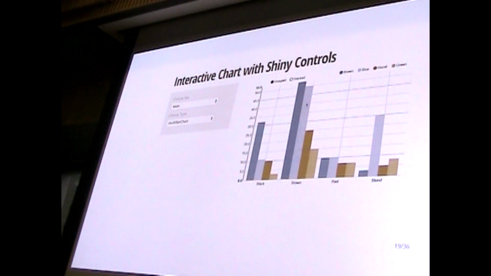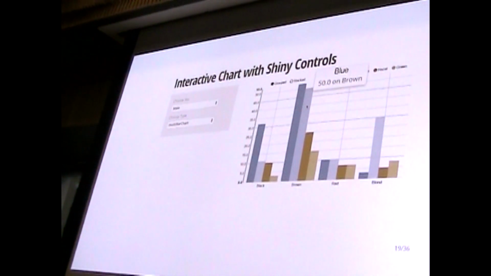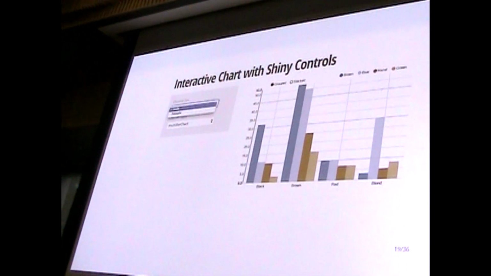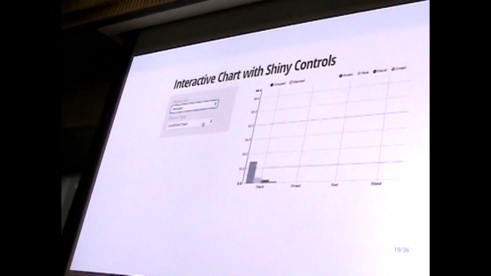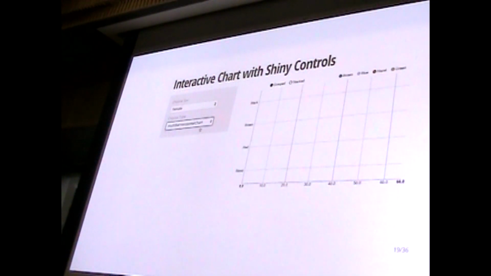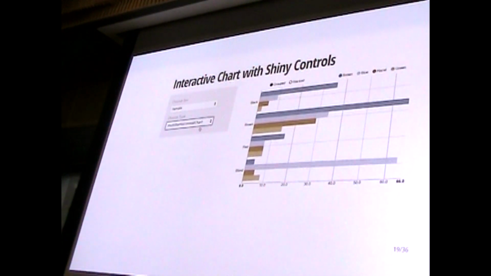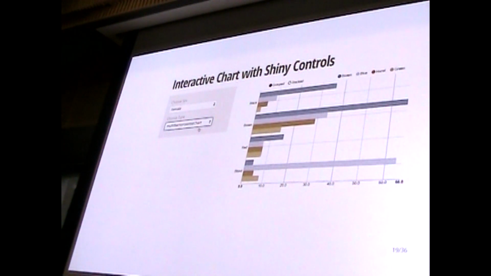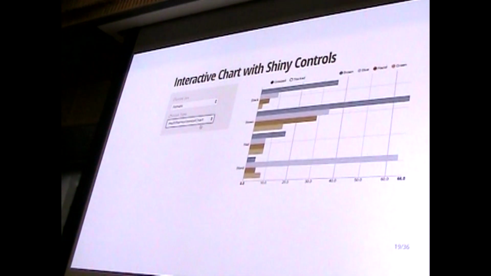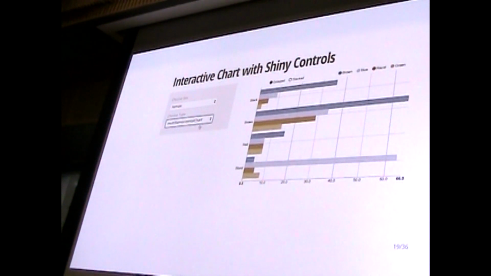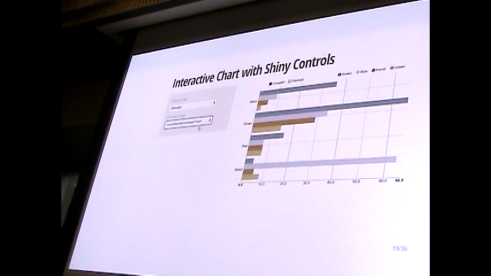When I hover on top of these points, the tooltip that shows up is client-side interactivity. On the other hand, when I change the chart type, this is server-side interactivity. So I'm changing it to a multi-path horizon chart. Essentially, Shiny detects that there's a change in the chart type and basically says, hey, give me a chart with the other chart type, and then it pushes it back to your browser.